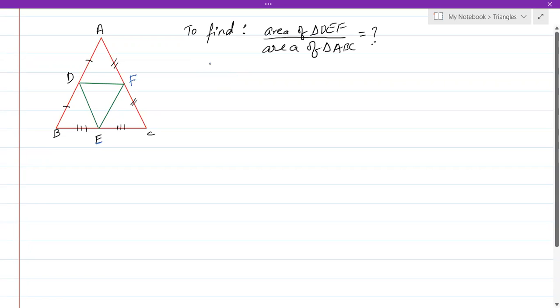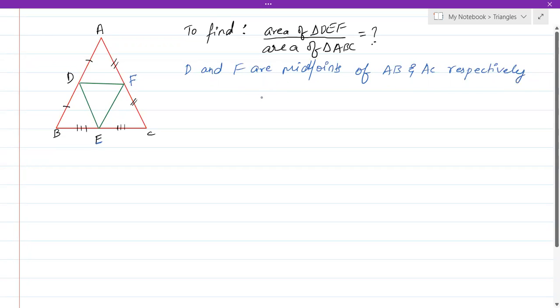For that, if you observe, what is D? D is midpoint and F is also midpoint. D and F are midpoints of AB and AC respectively, isn't it?